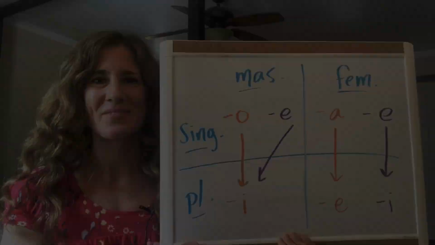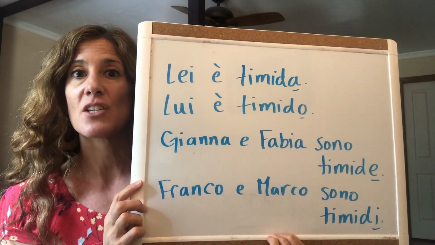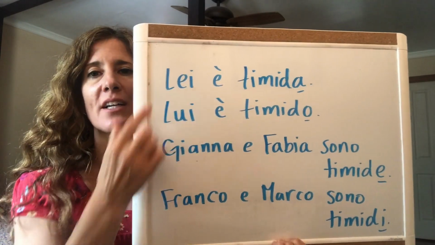Va bene. Now we're going to take one of those adjectives that we saw ending in O. I just gave you that example with bello, but now I'm going to show you it written down with the adjective timido, okay? Timid, shy. So we would write it like this.